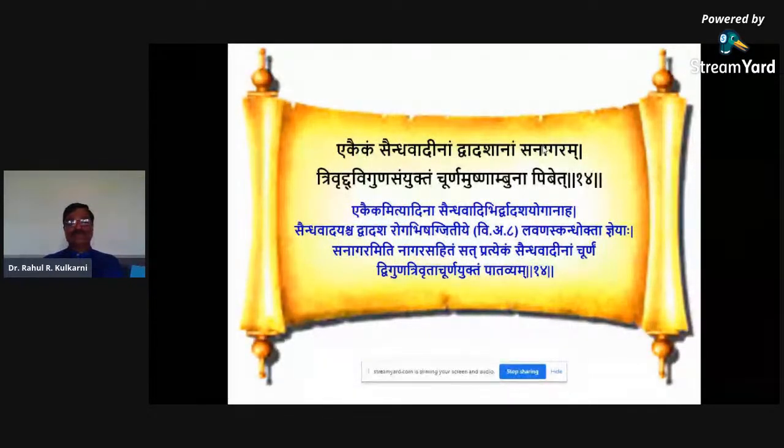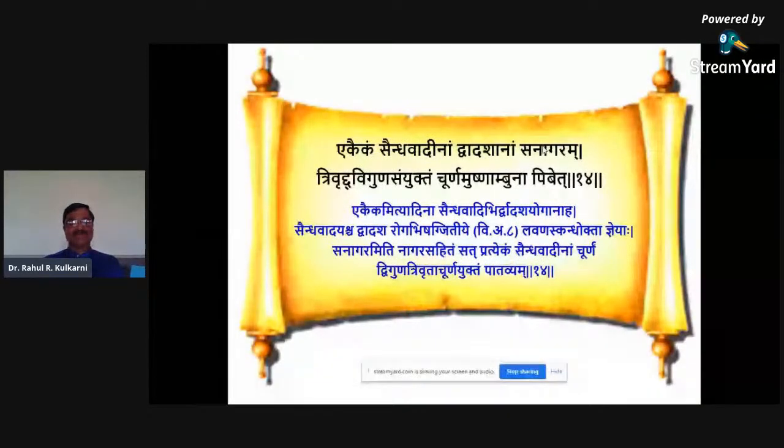So this Trivrut Churna or Shama Churna in equal quantity of the lavanas, 12 types of lavanas, along with Shunti Churna or Nagara, Tiruru Dvigana Sanyuktam. So with whatever lavana and nagara you are taking, twice the quantity of that, the Trivrut Churna has to be taken. Churnam Ushnambunam Pibet.